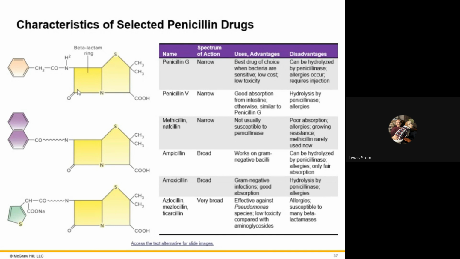The first one was ampicillin. They added some type of amino group, one of those NH2 groups, in some chemical way. It didn't work particularly well orally. Same problem. So they tinkered with it again, and voila, they had an orally active one, the very famous amoxicillin. Anybody here who's had an ear infection and wasn't allergic to penicillin, guess what? You got amoxicillin.